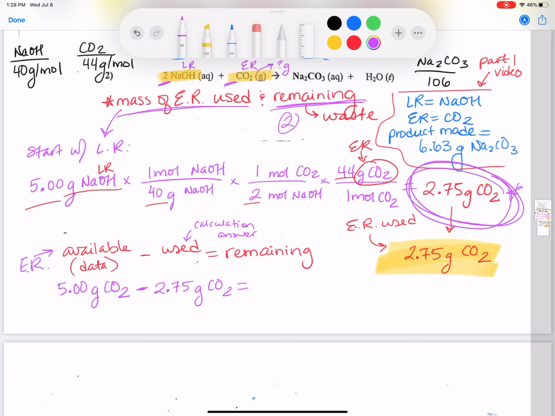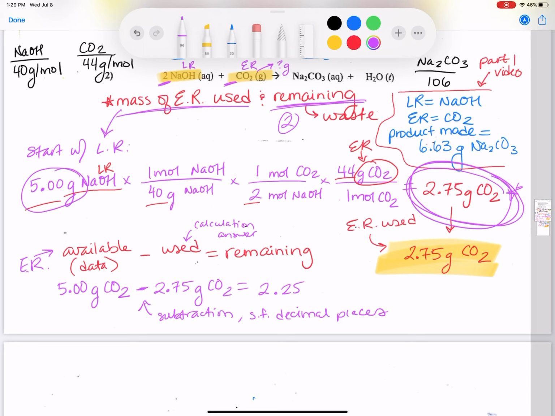So now that I put this into the calculator, or I can just subtract it, I know that my final answer here is 2.25. But remember, I have to do sig figs. So because I'm dealing with subtraction, my sig figs is going to be based off of decimal places. So I have to look at my data only. My data was the 5.00 grams.